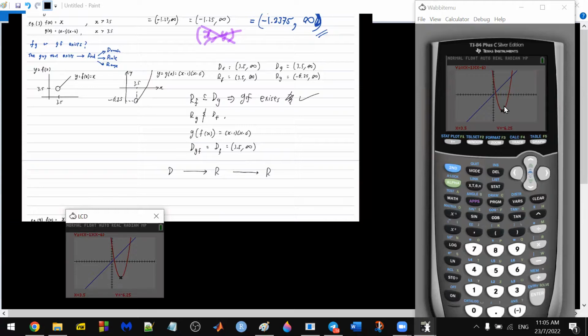Inner function is f, so DF, RF. Outer function G, so RGF. I did it on pencil though, so it might be kind of light. Okay. Oh, you sent it already? I'm going to send now, I'm taking a picture. Okay, I sent it again.